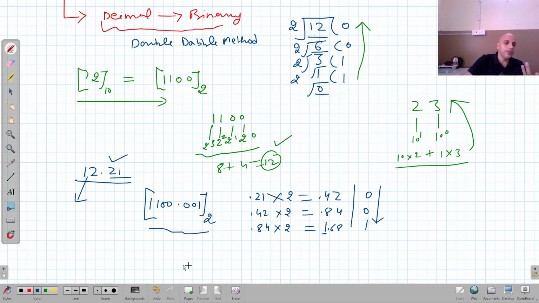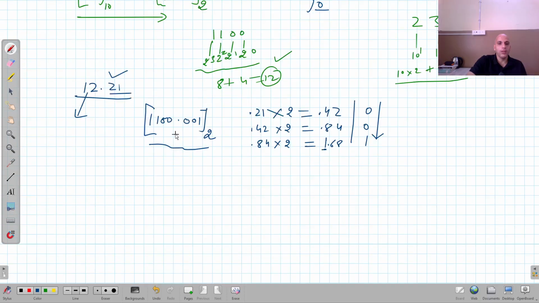Now the process will be reversed if I want to convert this number back into this one. How? I told you how to convert this number, how we can calculate this number to 12. Now similarly for this one, what will I do? I will start from this position, with 2 raised to power minus 1, 2 raised to power minus 2, 2 raised to power minus 3. And toward this side, 2 raised to power 0. So I have done this one already.